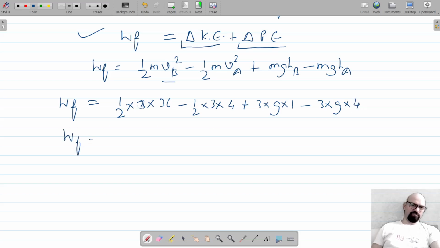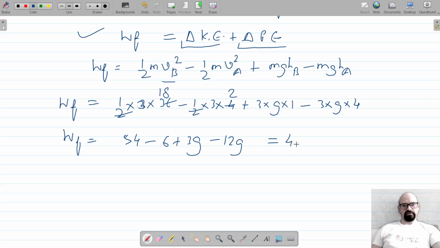So the work done by friction is equal to 54 minus 6 plus 3g minus 12g. Now 54 minus 6 is 48, and 3g minus 12g is minus 9g, and let's put in the value of g, which is 9.8 meters per second squared.